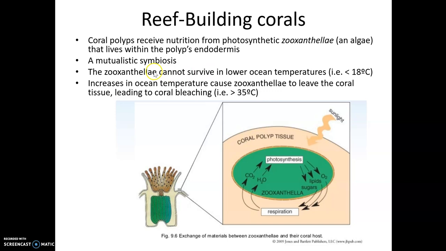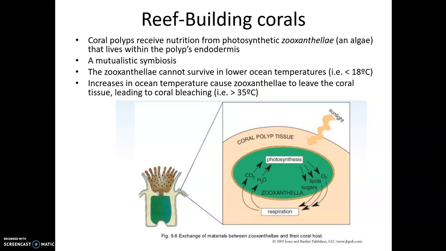And the thing is that what defines the distribution, at least part of what defines the distribution of the reef-building corals, is the temperature, because the algae cannot survive in temperatures lower than 18 degrees Celsius. And if the ocean temperatures increase above approximately 35 degrees Celsius, then the algae would leave the coral.